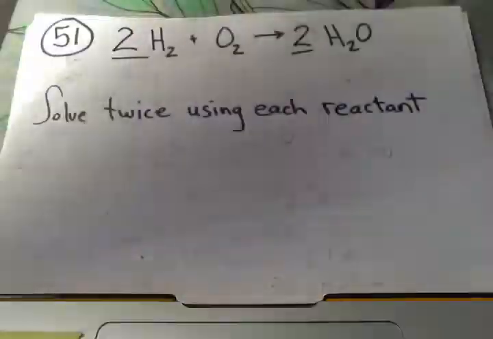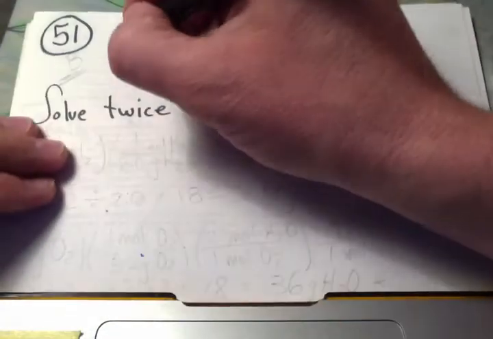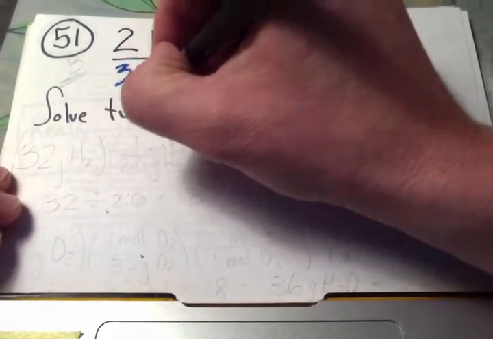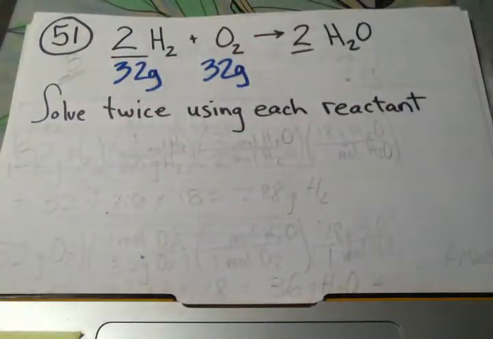All right, what do we got next? Oh, yes, kind of dirty again. Now, sometimes common sense can help you and save you time. If you're good at these, you recognize 32 grams of hydrogen is a lot more molecules than 32 grams of oxygen.